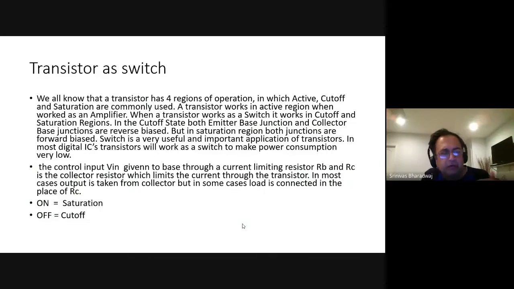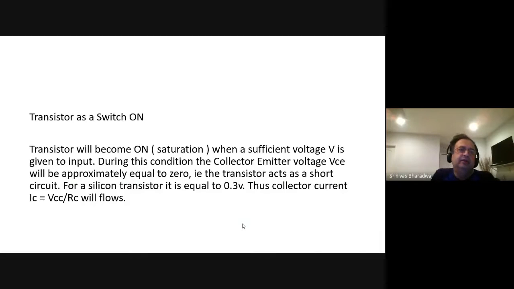Now you have two inputs, and then you have one output. One input determines whether you pass through or not. The transistor will become on when a sufficient voltage is given to the input.